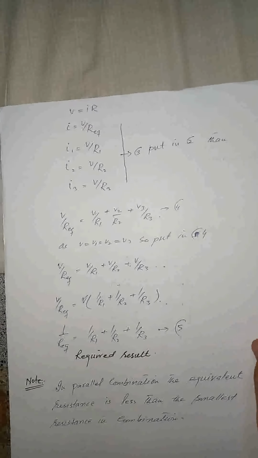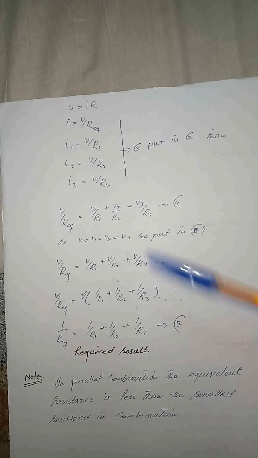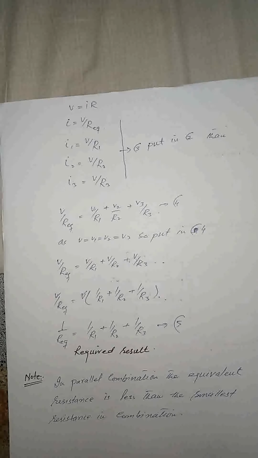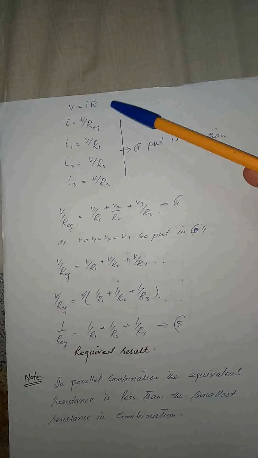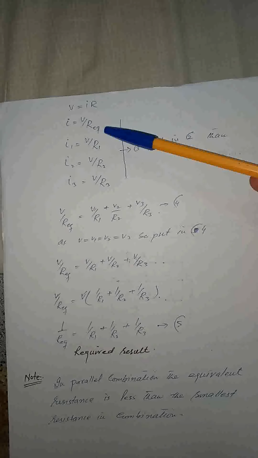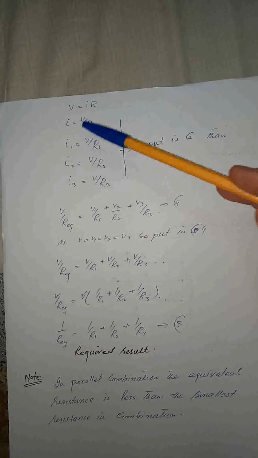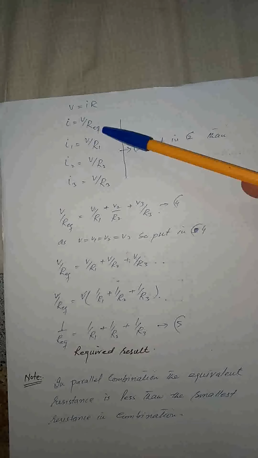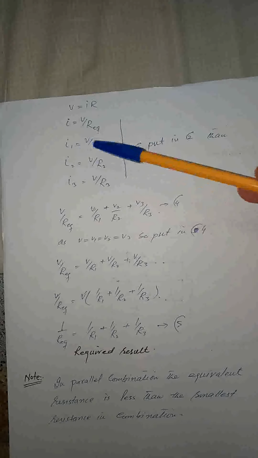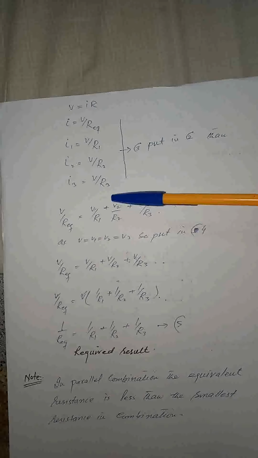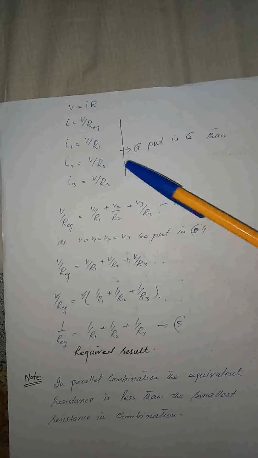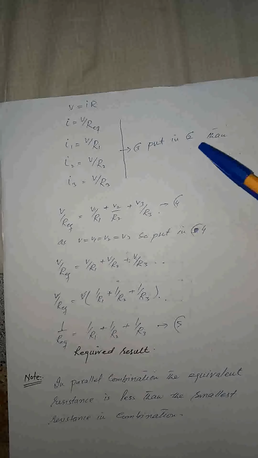But first, according to Ohm's law, V is equal to IR, I is equal to V by R. I is equal to V by R equivalent for the battery, I1 is V by R1, I2 is V by R2, I3 is V by R3. Putting this equation 3 in equation 2.